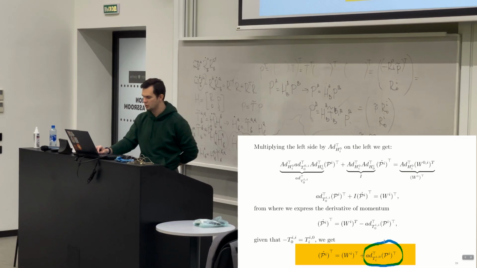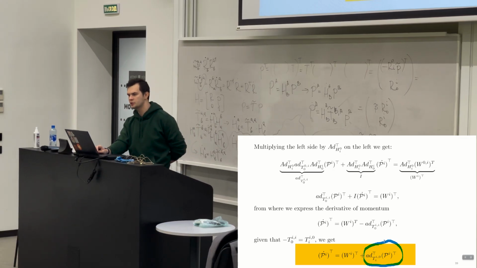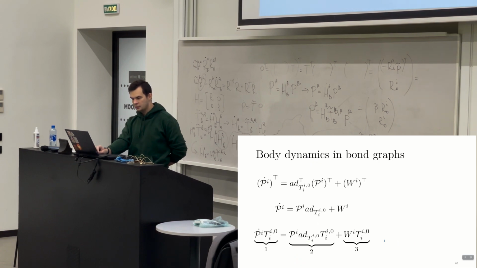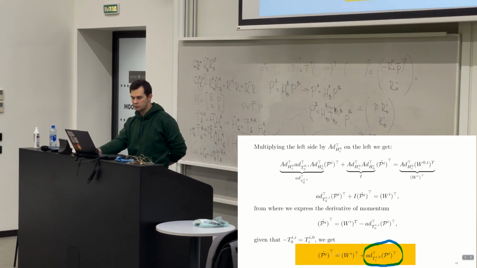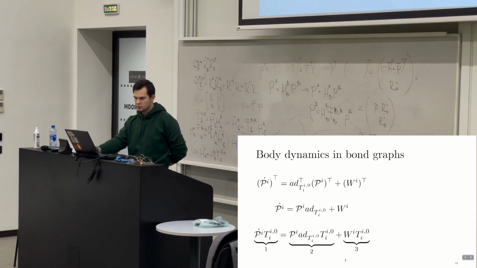I mentioned it at the very first lecture. And if we multiply each component, so those are the equations of forces, by the twist, it will be the equation for the power. So here, the equation for the momentum.